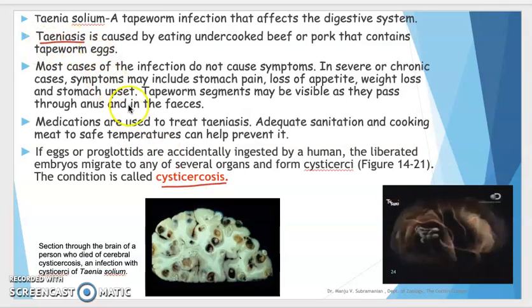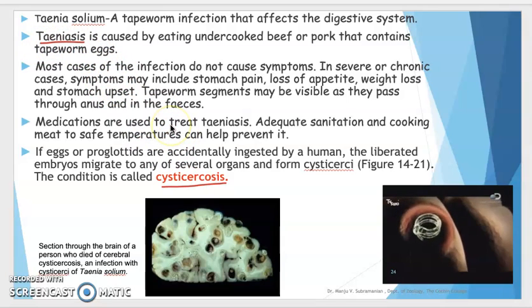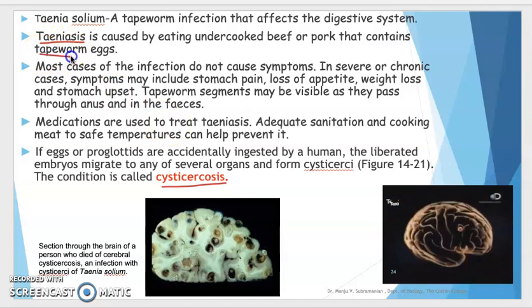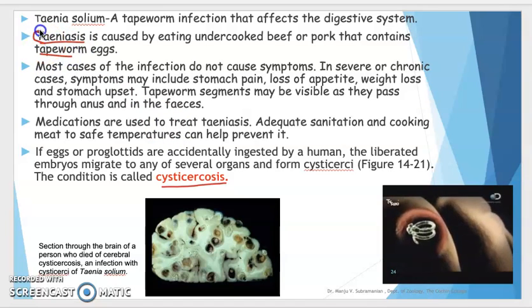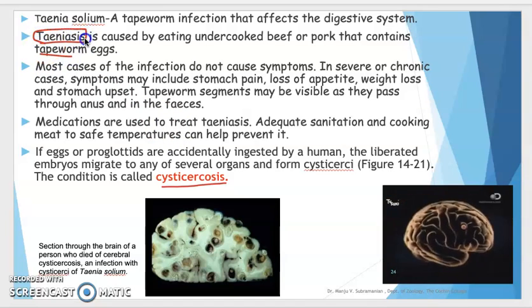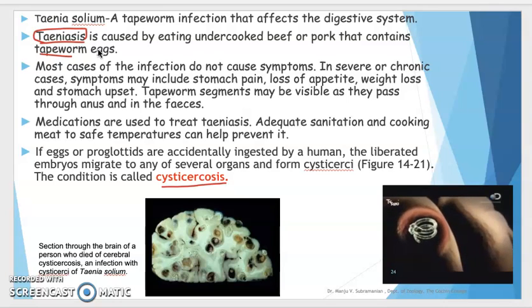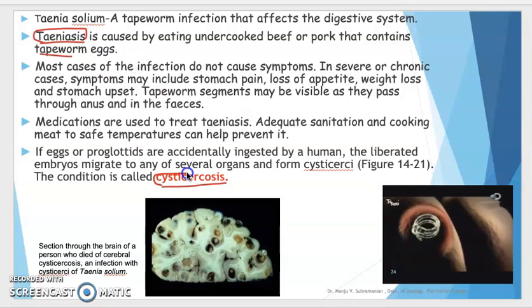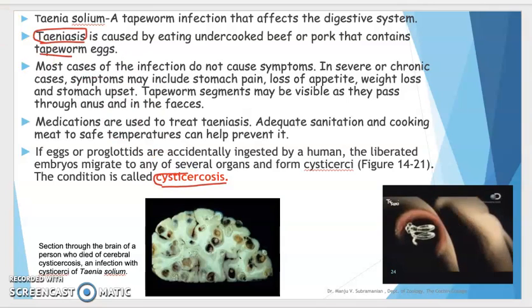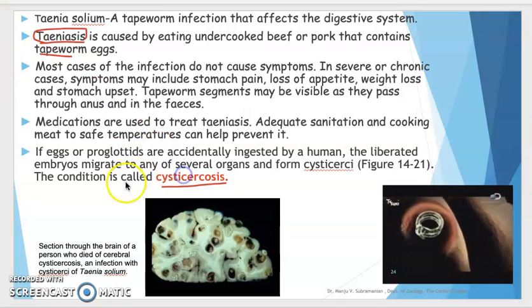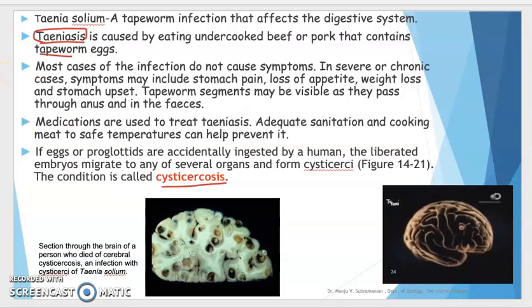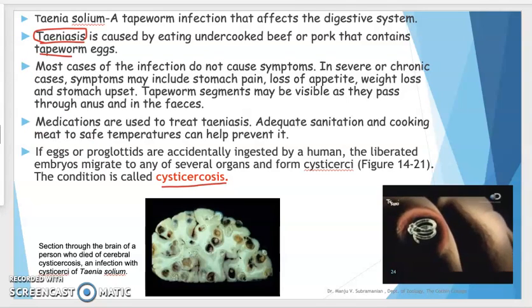So just point out the differences in these terms. Heavy infection of the adult is called Taeniasis, and heavy infestation by the cysticercae is called cysticercosis.